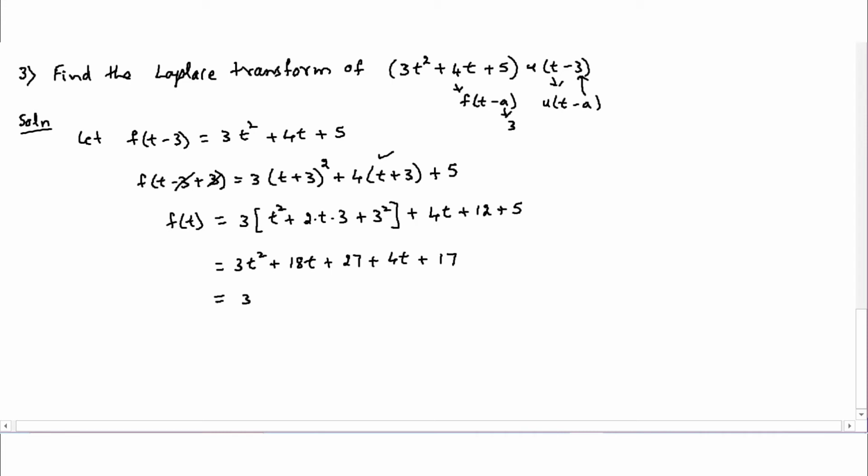Or further, if you simplify, it is 3t square, just add the like terms, 18t plus 4t will be 22t plus next you have 27 plus 17, its value will be equal to 44.